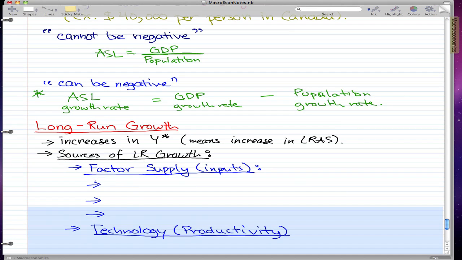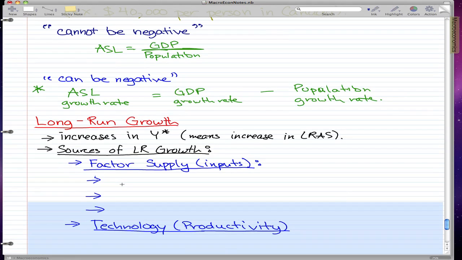So the next thing I want to talk about in this video is long run growth. And long run growth is pretty much, it means we're increasing the equilibrium output. It means an increase in the long run aggregate supply.